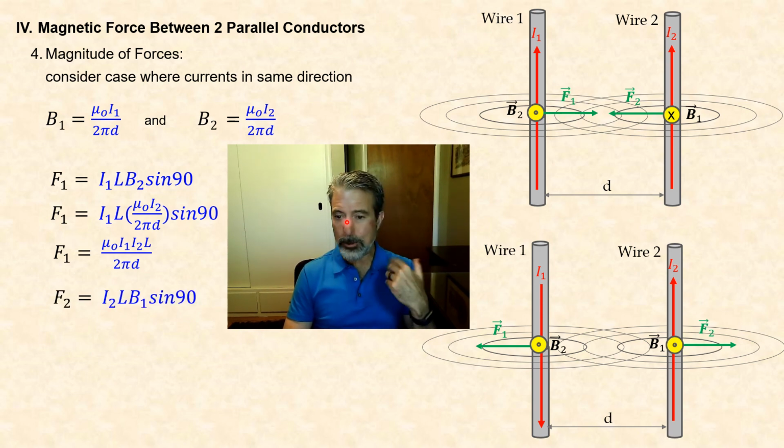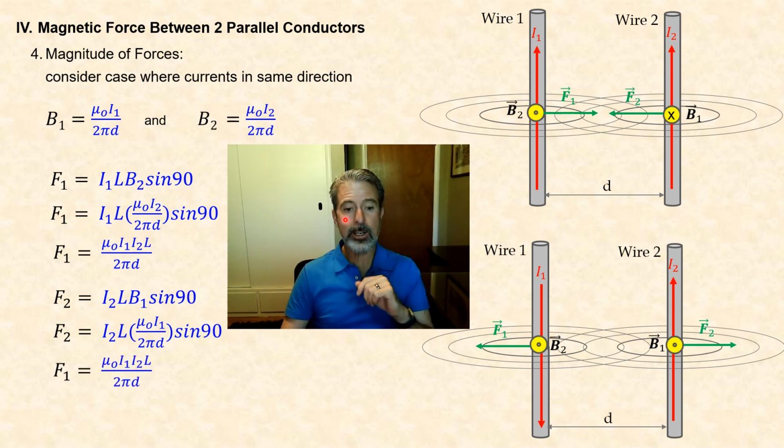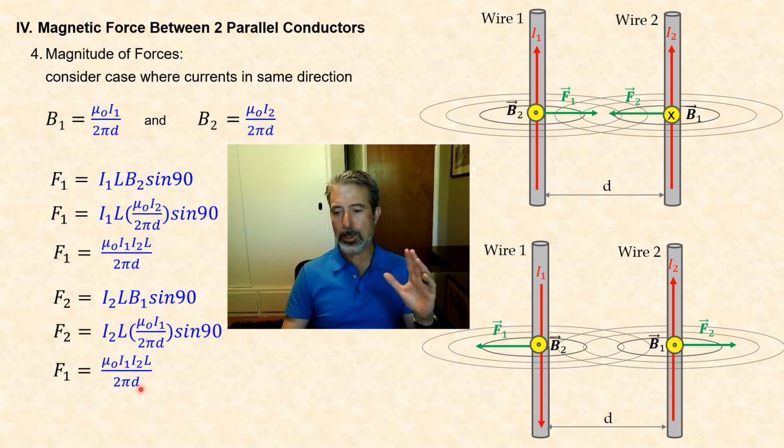Similarly for wire 2, here's an expression for the magnitude of the force on it. Remember, the magnitude of the force on it has to do with the magnetic field of the other wire, wire 1. So we substitute in the expression for B1, the magnetic field of wire 1, and once again simplify. We see that these forces are exactly the same, which we would expect due to the symmetry in the problem.